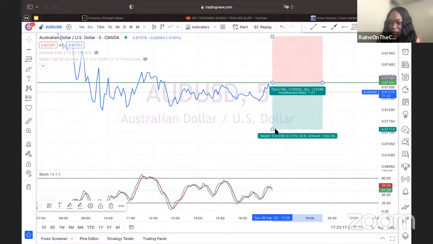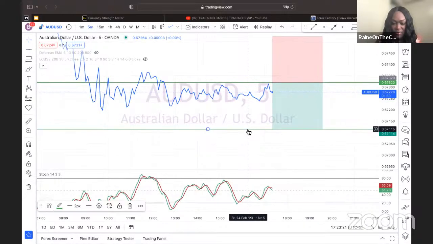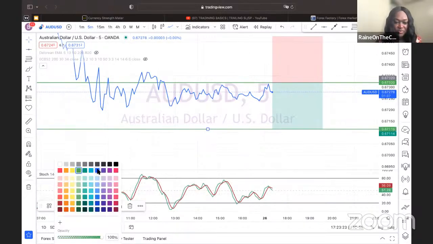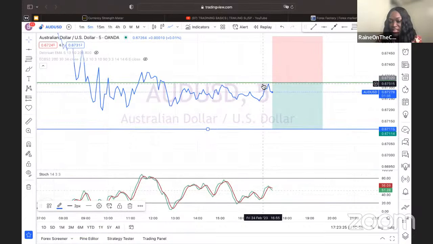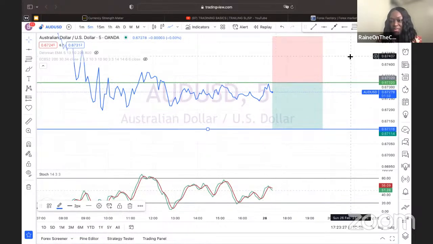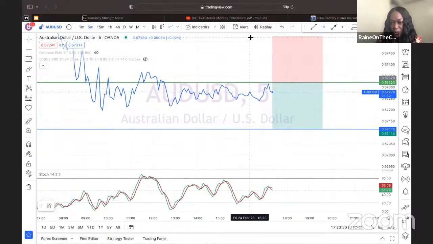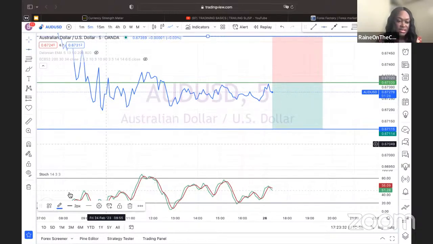So take profit one is going to be here. Let me put this line. That's take profit one, and make it blue. So green is my entry, blue is my take profit, and we're going to do red as the stop loss.